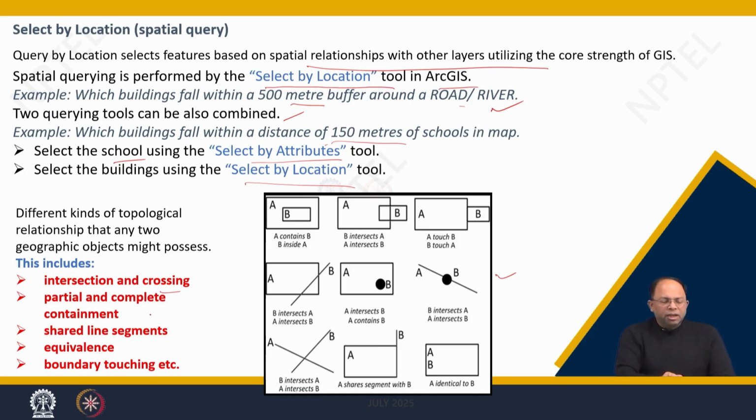Similarly, partial and complete containment, that is if a polygon is contained within another polygon, if a polygon is intersecting another polygon, if a polygon is touching another polygon, then if two lines are intersecting, then shared line segments, like A shares a segment with B, right? So that's a shared line segment; equivalence, if both are the same, A is identical to B; and then boundary touching, and all these things could also be evaluated.